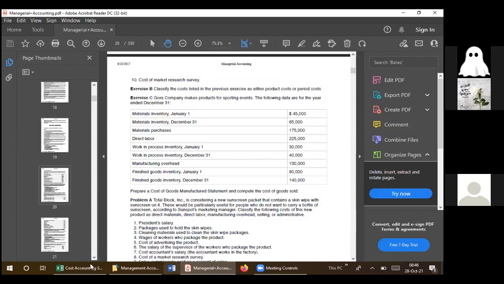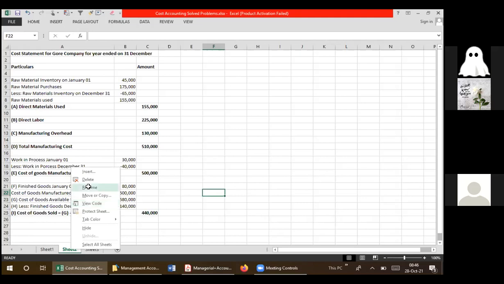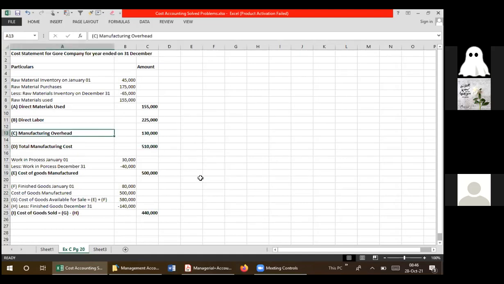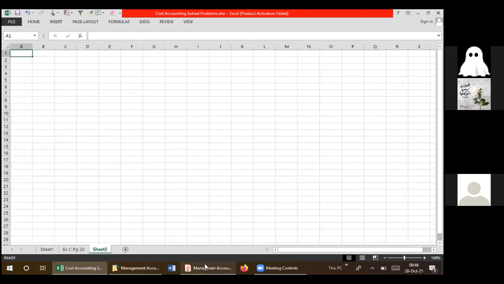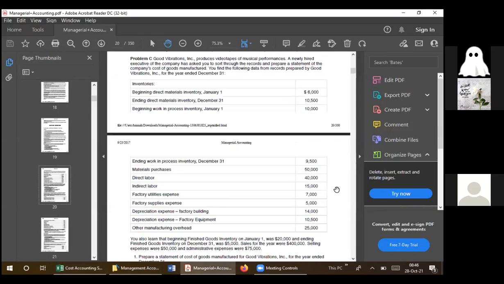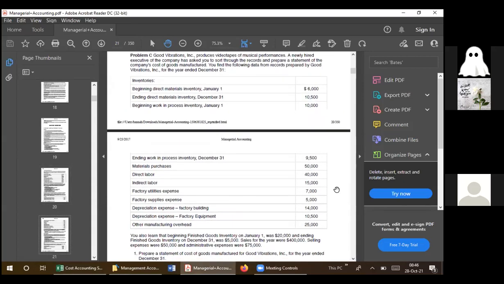Exercise C, page 20. And the one we're going to solve now is problem C on page 20. It starts on page 20 and 21.